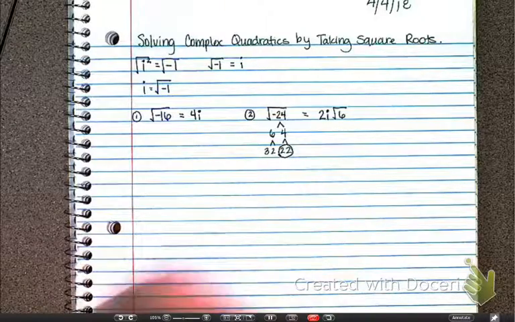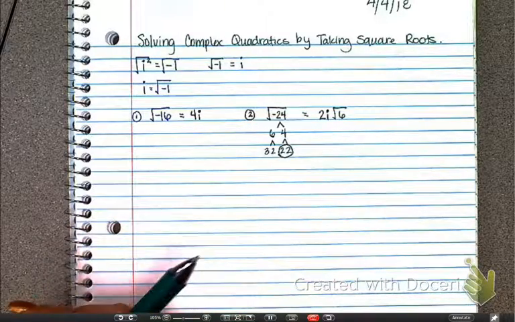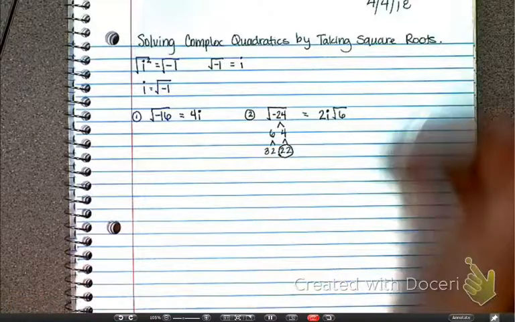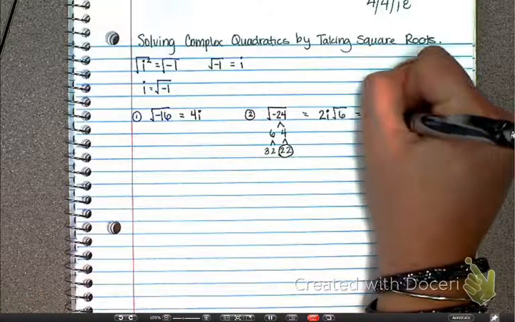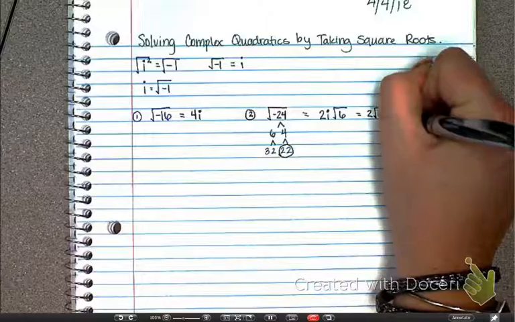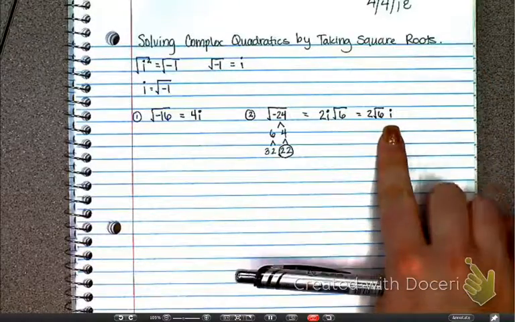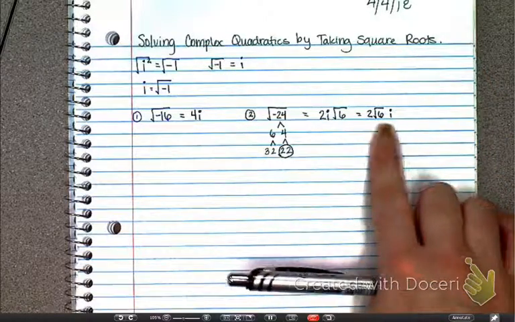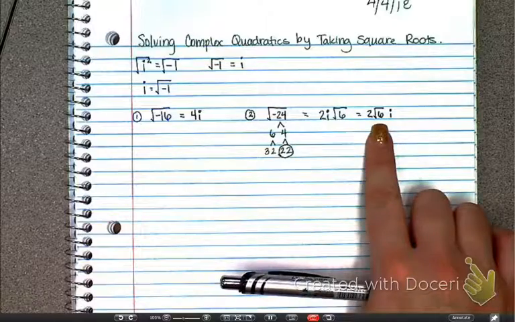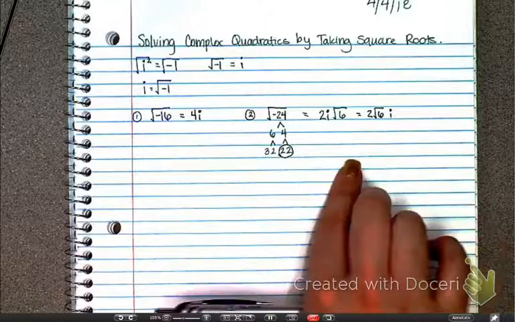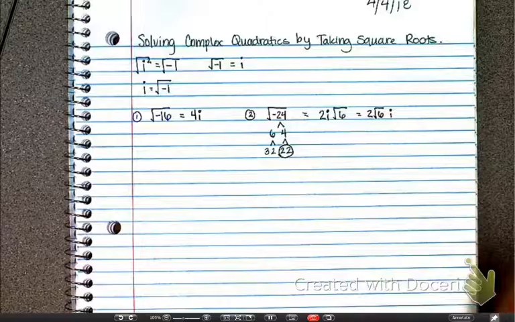You can do 2 square root of 6 i, but you need to be very careful that that i is not underneath the square root. So in order to not make that mistake, it's easier if we just put it in front.